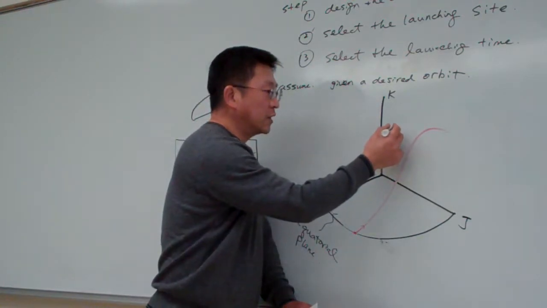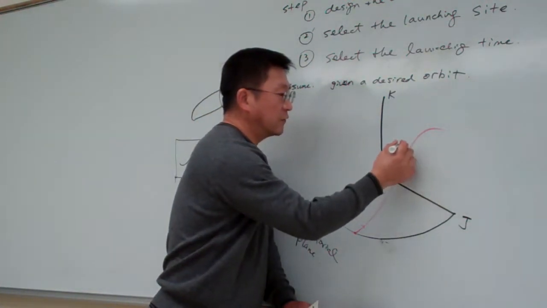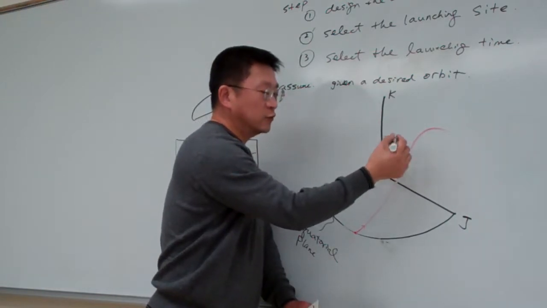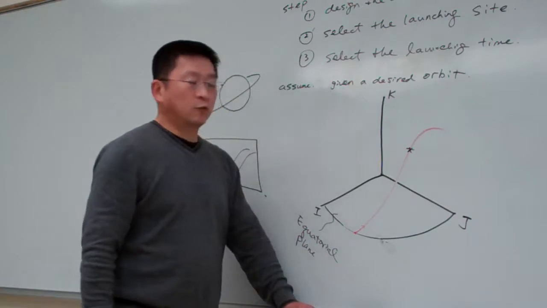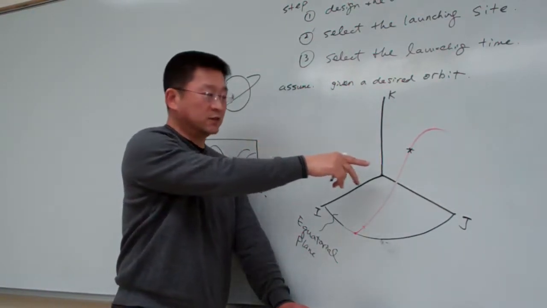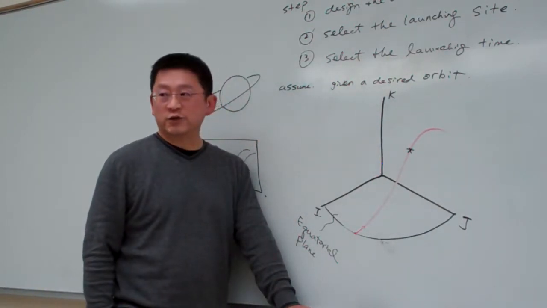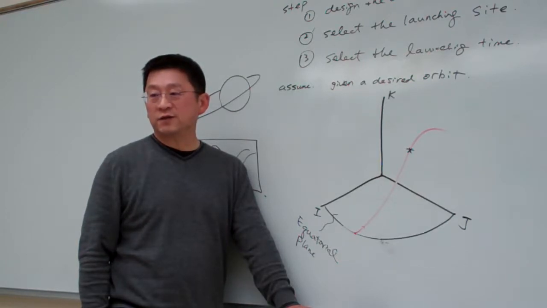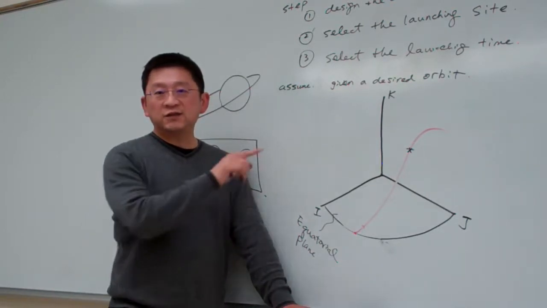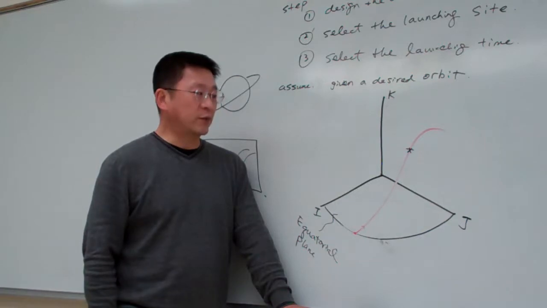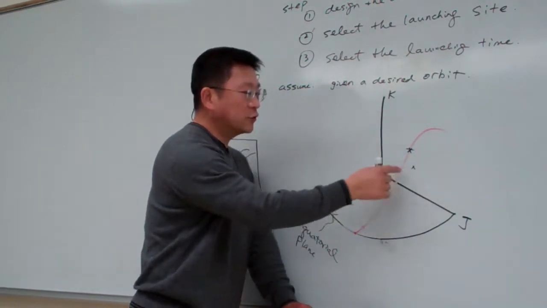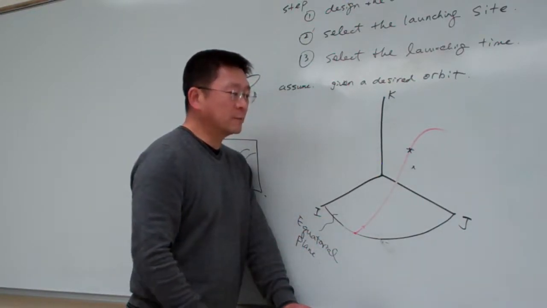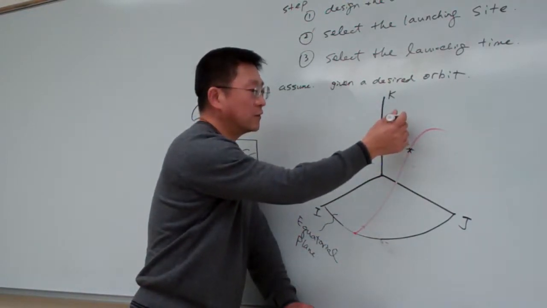For example, say Fairbanks is here, and at a certain moment, due to the Earth's rotation, Fairbanks will align with the projection of the orbit curve. This is the best. Maybe Anchorage is here. Anchorage could fit or could not fit. So it will depend. And say, for example, say.